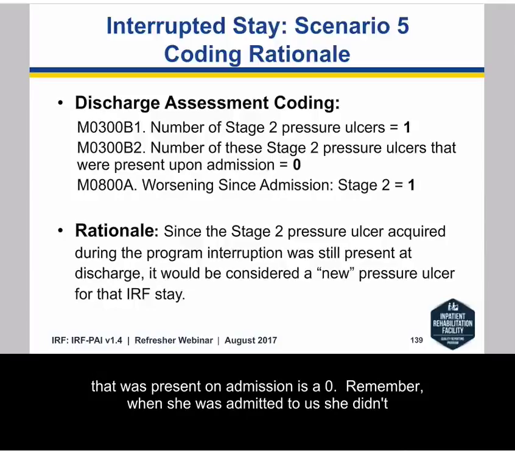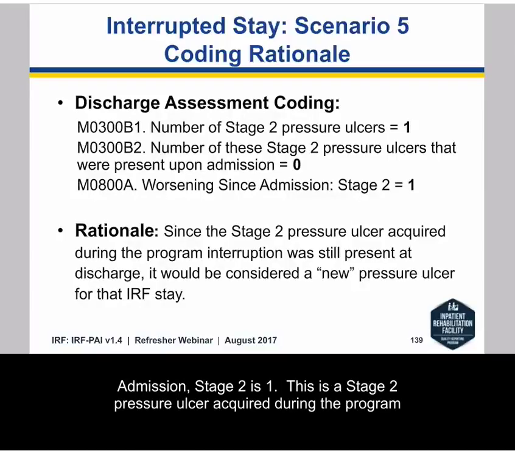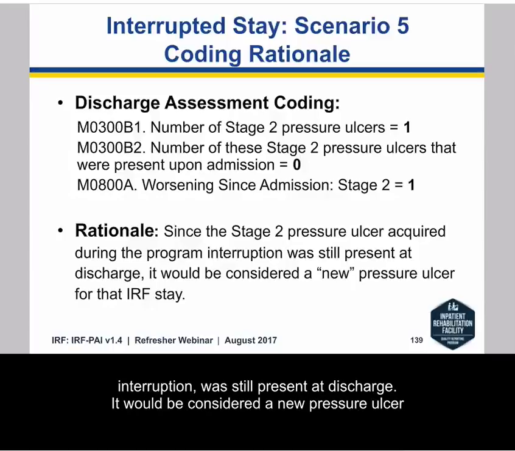Remember, when she was admitted to us, she didn't have it. She acquired it during that interrupted stay. M0800A, worsening since admission, stage 2, is 1. Since the stage 2 pressure ulcer acquired during the program interruption was still present at discharge, it would be considered a new pressure ulcer for that IRF stay.